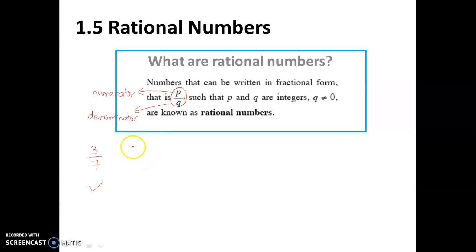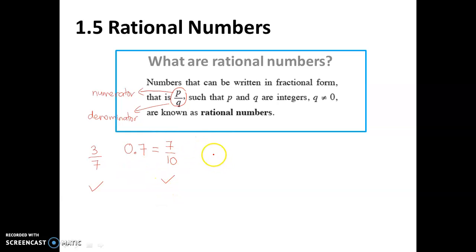We look at another example. Let's see if you have 0.7. This is a positive decimal, so you can convert 0.7 into a fraction. It will become 7 over 10. Since it can be written in the form of a fraction, yes, this one is a rational number.